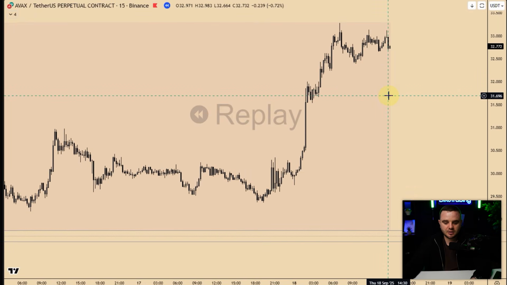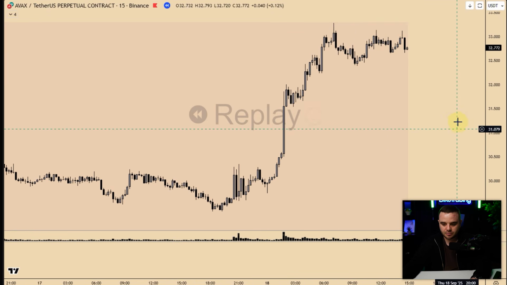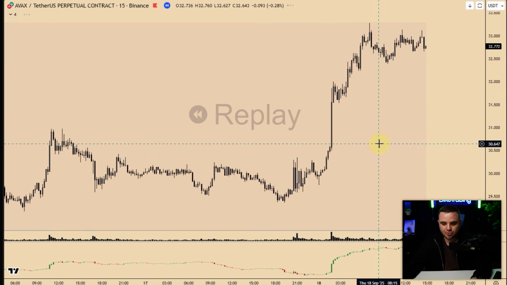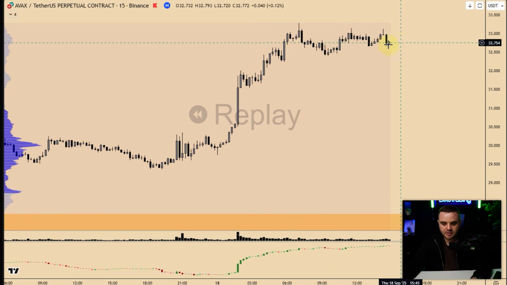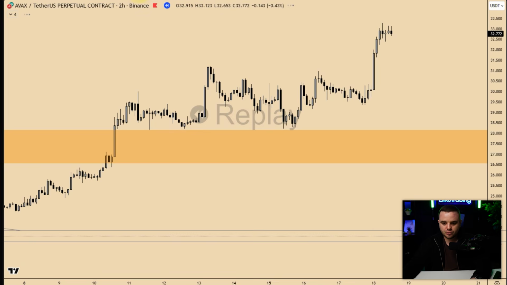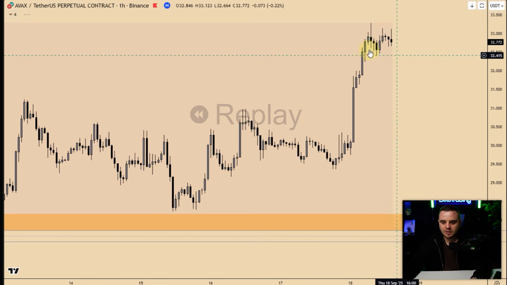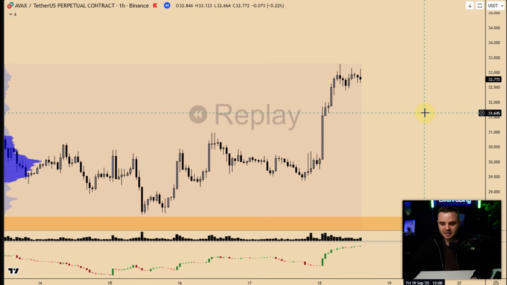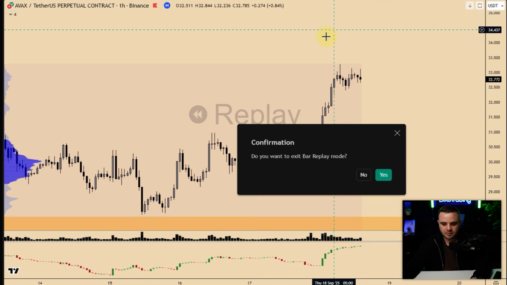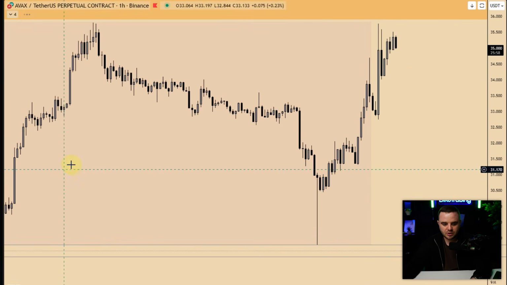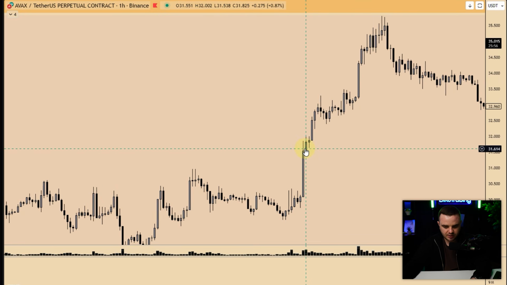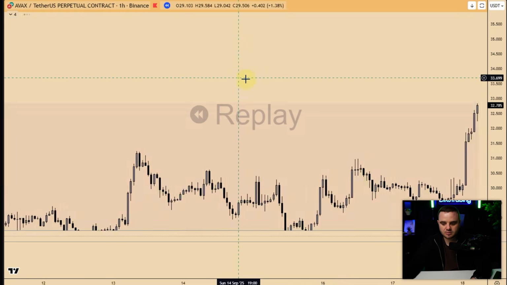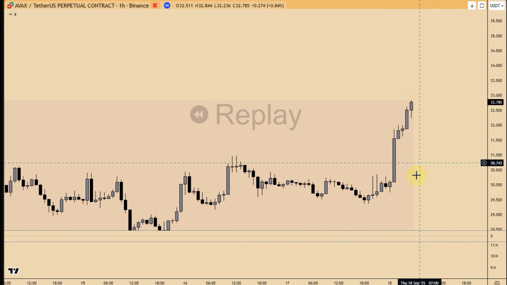Let's cover it here on TradingView market replay. The most important catch here is to take such a trade when price creates a consolidation. You go to at least the 1 hour time frame and you can see that price consolidates here for some period of time. You never take such a trade when you have candles like this one, really fast candles, because you don't know, in some cases that could be a deep pullback.